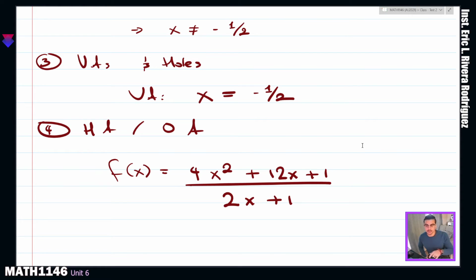The degree of the numerator is 2, that's correct, and the degree of the denominator is 1. Because the degree of the numerator, which is 2, is 1 degree greater than the degree of the denominator, we have an oblique asymptote.